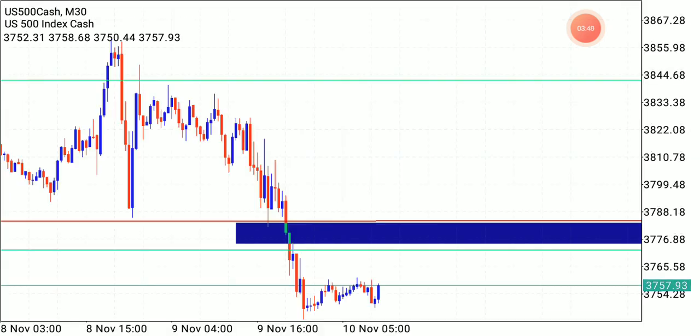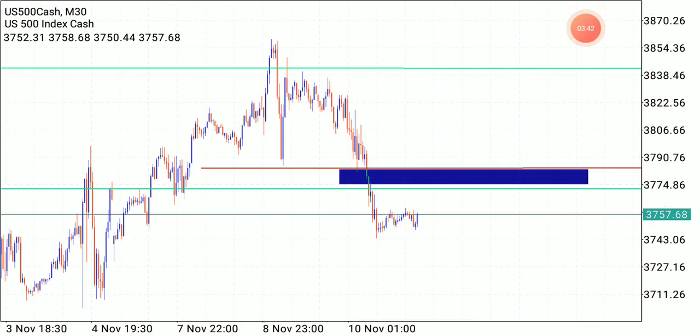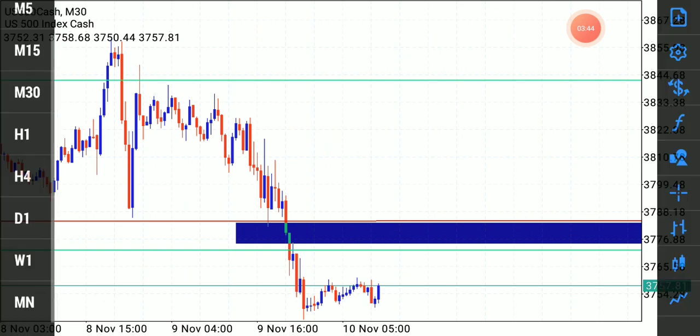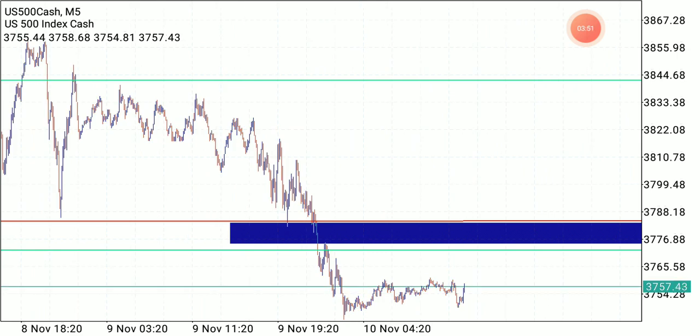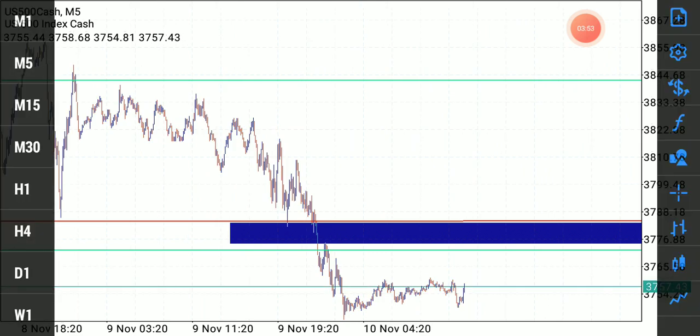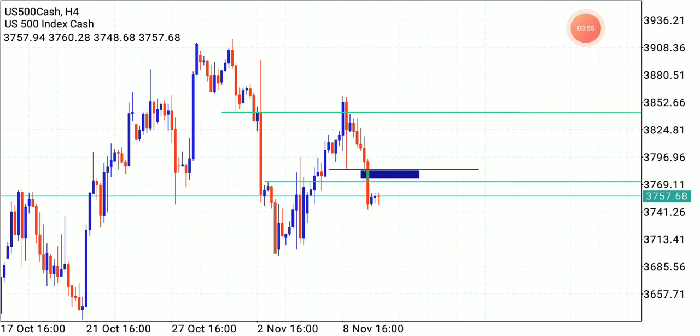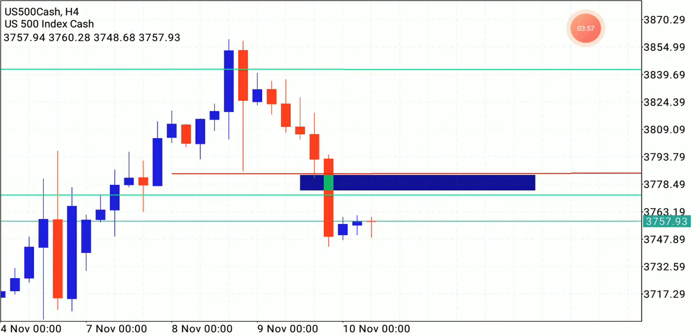We go now to our 30-minute chart. Yes, most likely that's where we're going to see a rejection to the downside. After it goes above that, after it goes in here, we also have this fair value gap here.